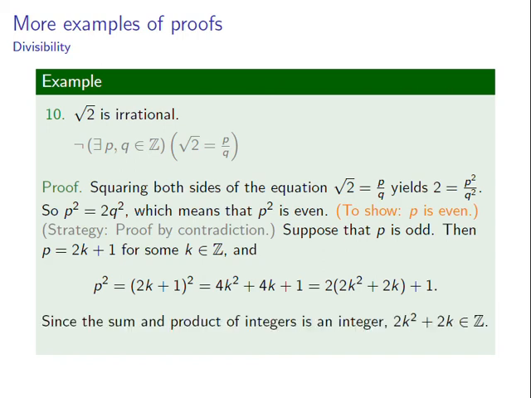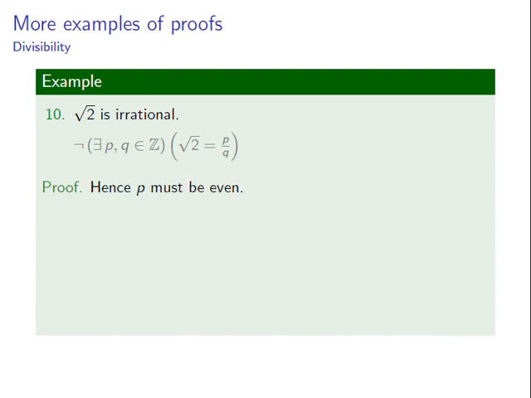Since the sum and product of integers is an integer, 2k squared plus 2k is an integer. Thus, P squared is odd. But by the above, P squared is even, so P squared is both even and odd. Contradiction. Hence, P must be even.